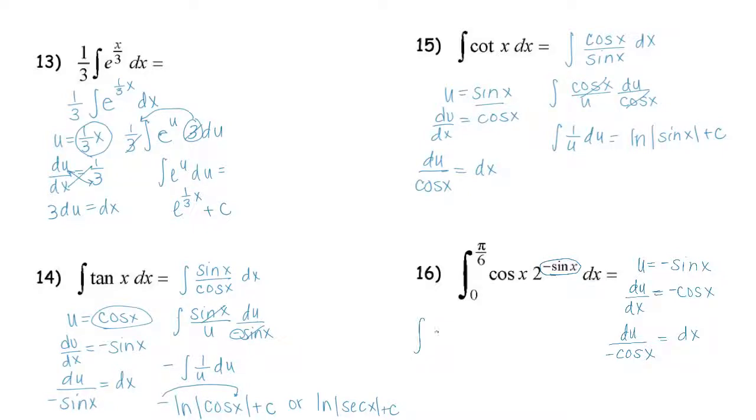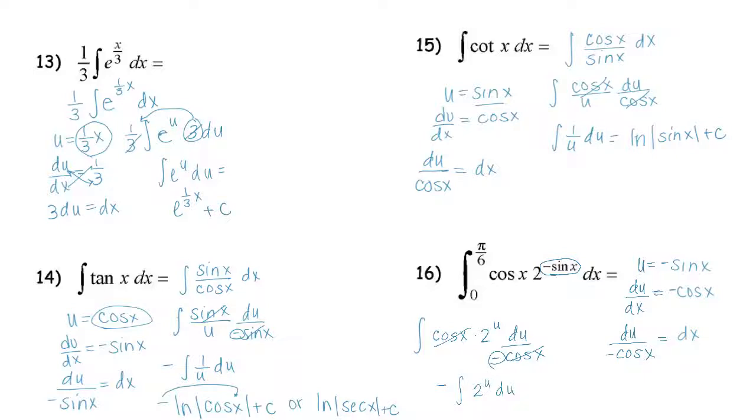And so integrating, we have cosine x times 2 raised to the u power, and dx is du over negative cosine x. So we see that our u sub is going to work, so that's good. And we're going to cancel out those cosines, and I have that negative I'm going to put out front, and then we're going to integrate 2 raised to the u power du.